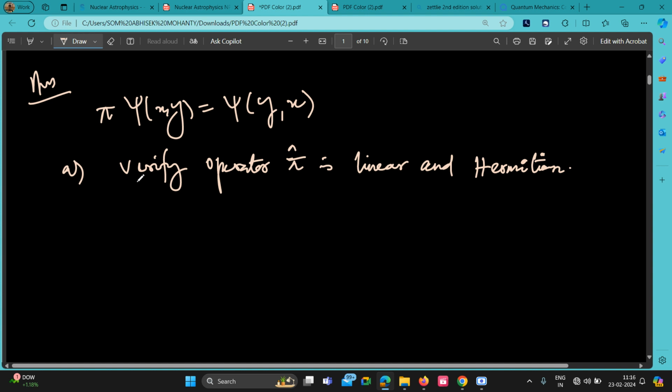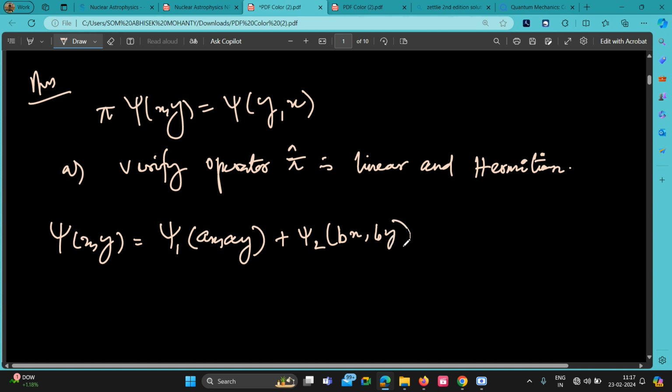How will we solve it? In order to show that this operator is linear, what do we need to show? Suppose psi xy is a linear combination, a psi 1 xy plus b psi 2 xy.